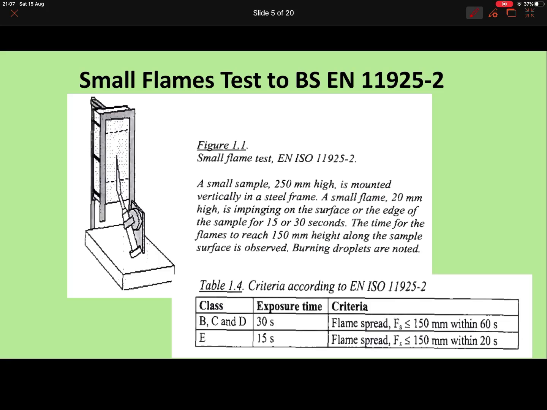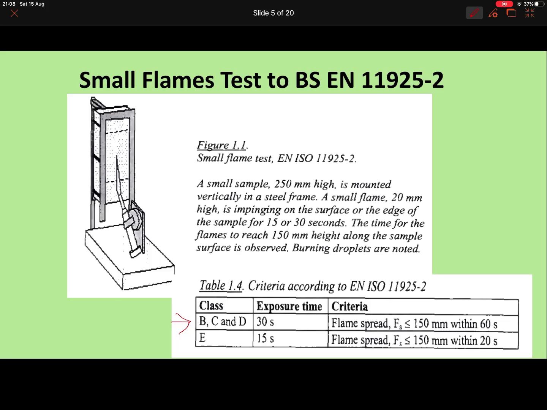So, like I said, it's a pass or fail test, and as you can see here for Class B, the flame's exposed for 30 seconds, and then the flame's taken away, and within 60 seconds of the test commencing, the flame can't spread past the 150 millimeter line.